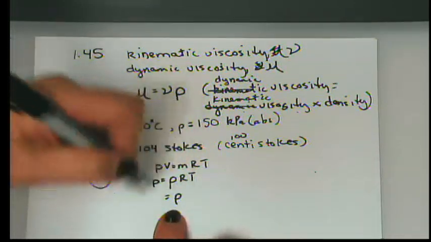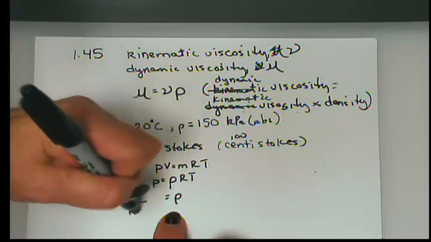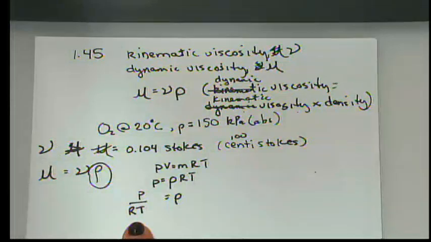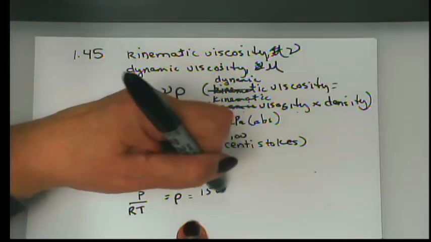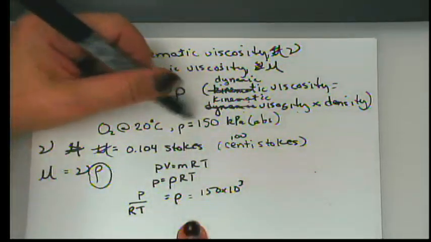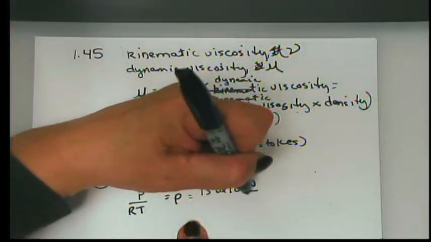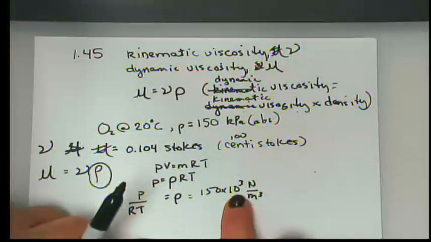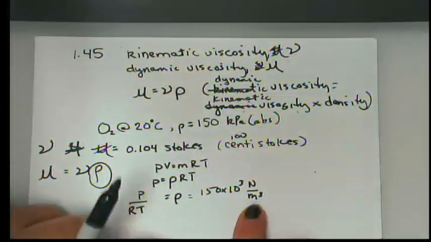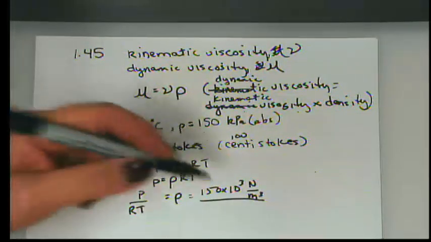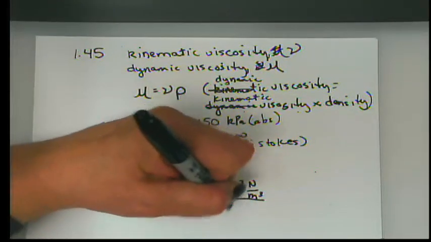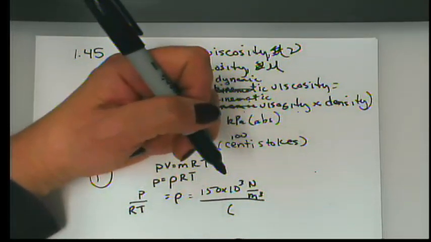Solving for rho, that's equal to P over R times T. Using the values we're given, 150 kPa, where a Pascal is a Newton per meter squared, divided by an appropriate gas constant and then divided by the temperature, which is 20 degrees centigrade.